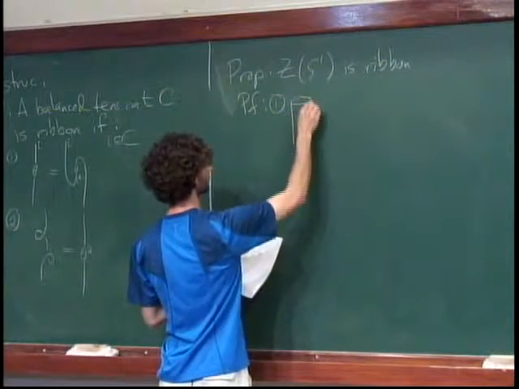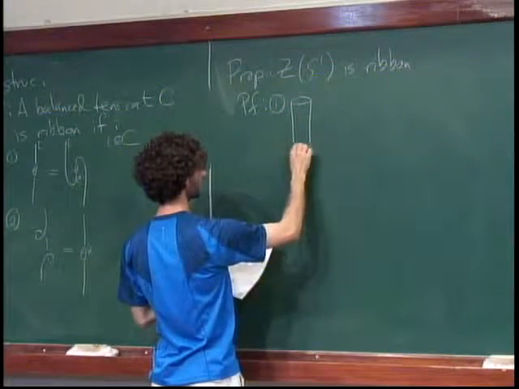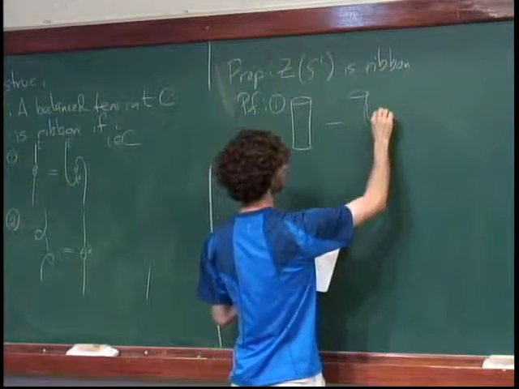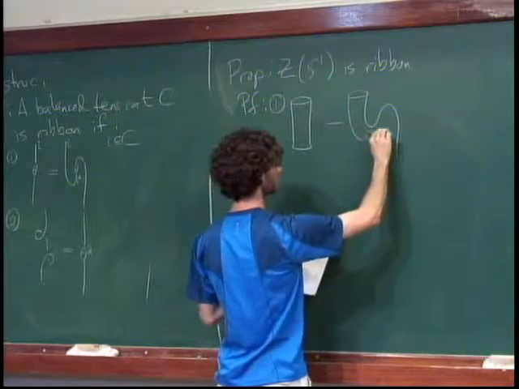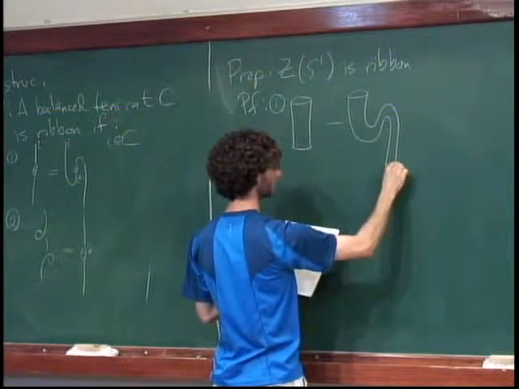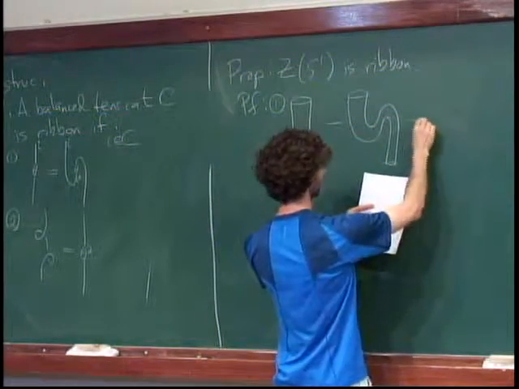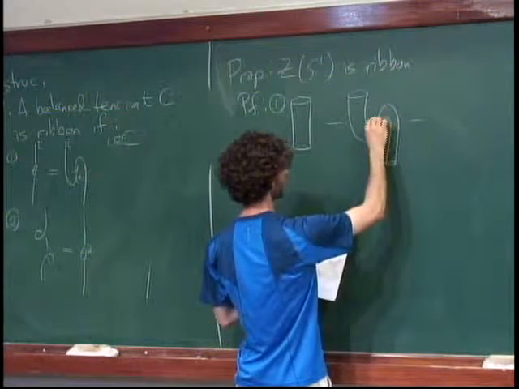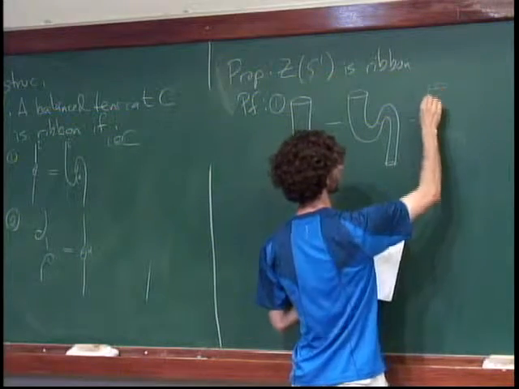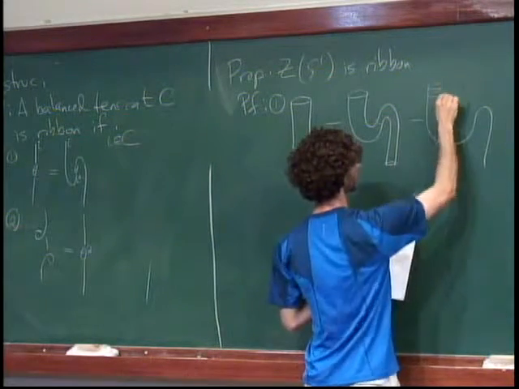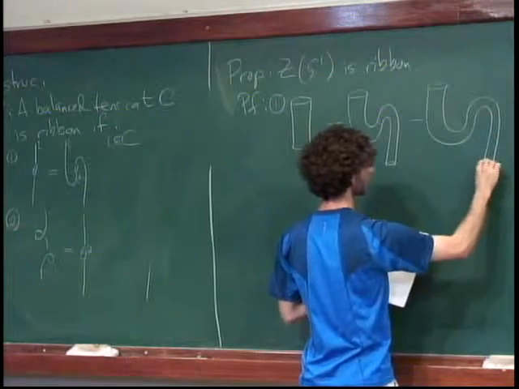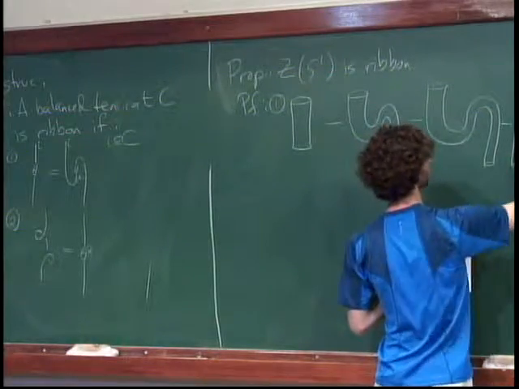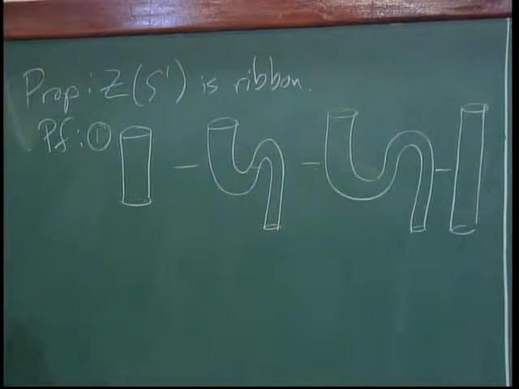Suppose I start with the cylinder, then I squunch it up like that, and then at this point I'm going to do a Dehn twist along the middle, right there, and then I undo the S curve, okay?